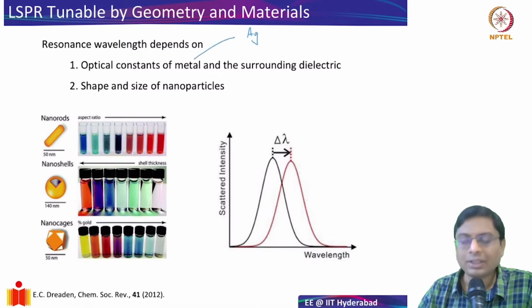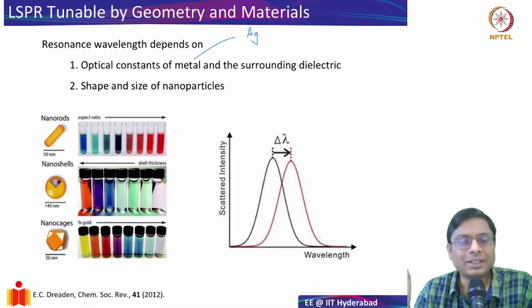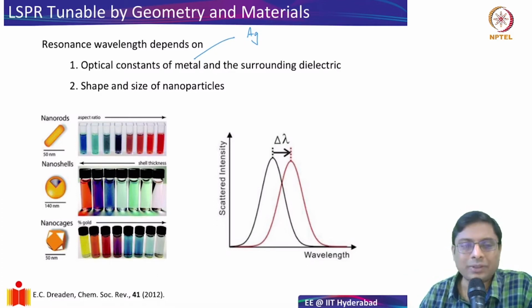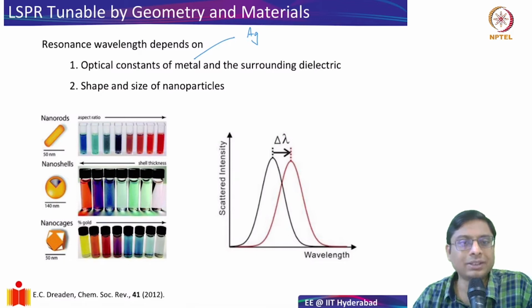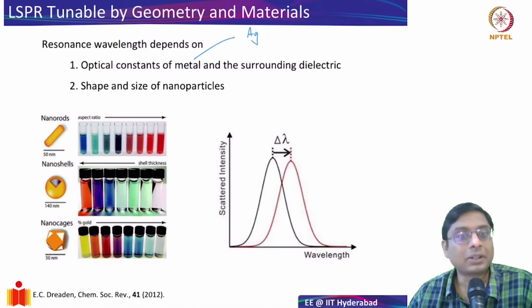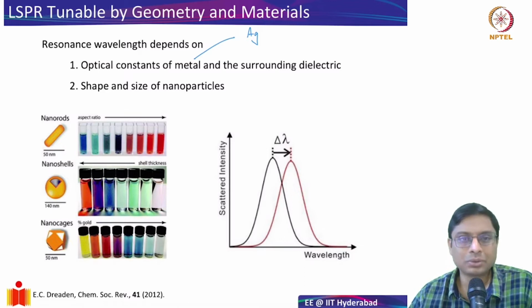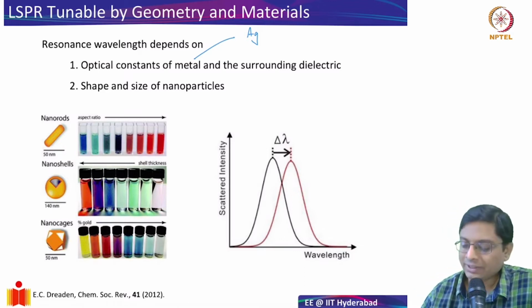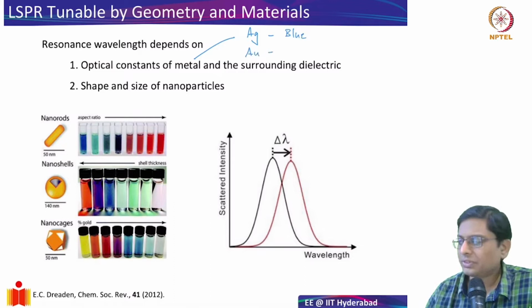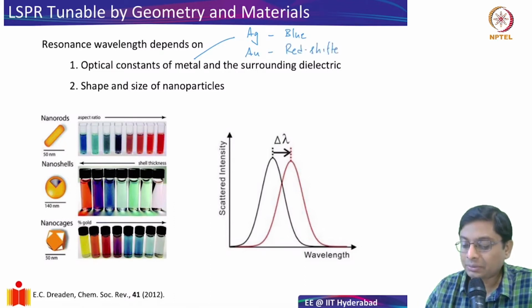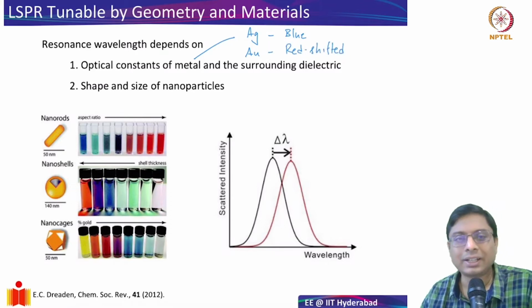Now if I have silver, my LSPR is going to be towards the blue end of the spectrum, or slightly blue shifted, because silver has a low loss, and you'll have to look at where the real part of the dielectric constant goes to -2, and that is the position where you get the LSPR resonance for silver. Similarly, if you have gold, you will see that it's slightly red shifted compared to silver. Red shifted means it's going to longer wavelengths.